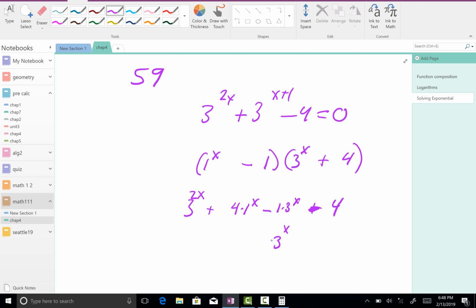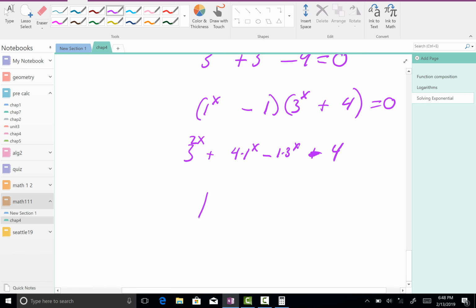So then, this is set equal to 0. So then we would have 1 to the x minus 1 equal to 0, and 3 to the x plus 4 equal to 0. This is how they do it in the book. So x is going to have to be 1 here. That's the only way that's going to work. And 3 to the x equals negative 4.